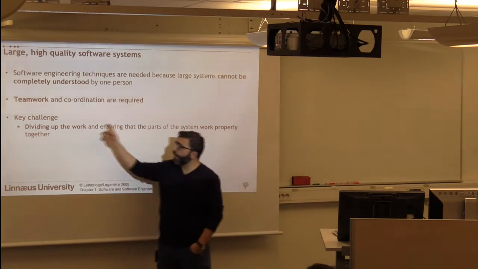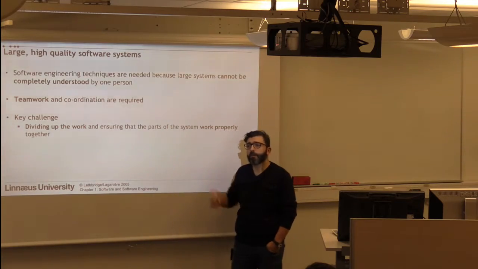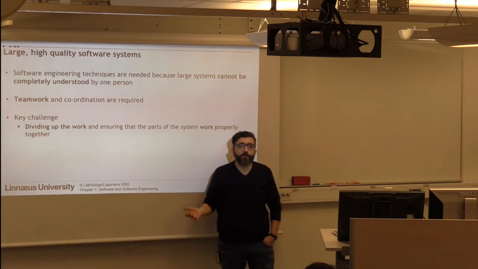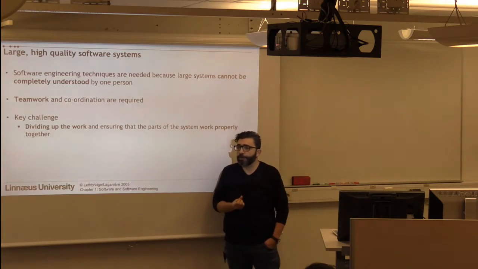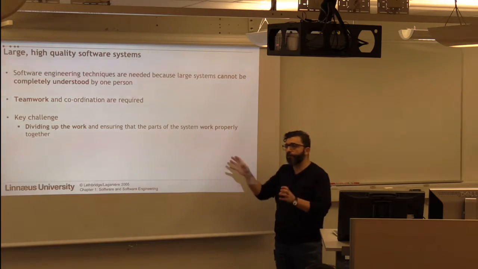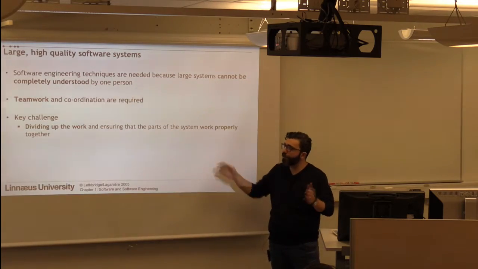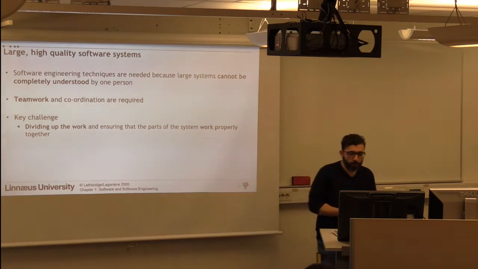Usually this divide and conquer approach is driven by software architecture. We will discuss what a software architecture is, how to make the architecture for a piece of software, and how to use this architecture to split the problem into small problems.